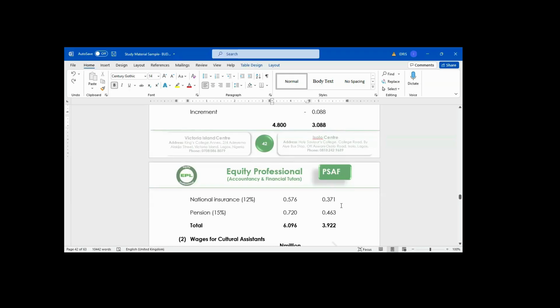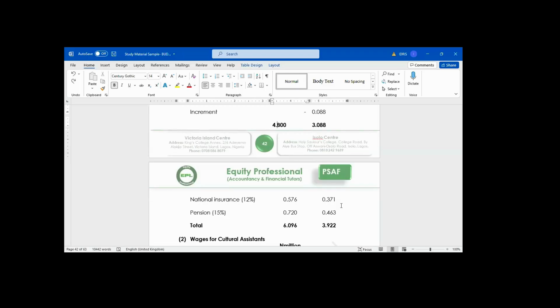For pension, what is the rate of pension? 15% of salaries.